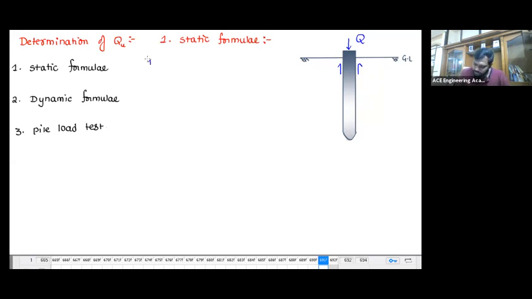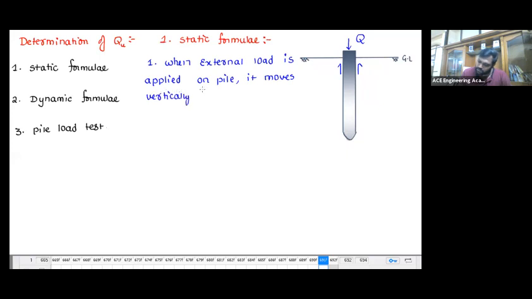Point number one. When external load is applied on the pile, it moves vertically downward. Okay. So up to that point, I hope you are clear. Now, what happens due to this?